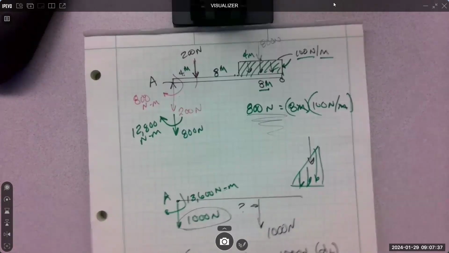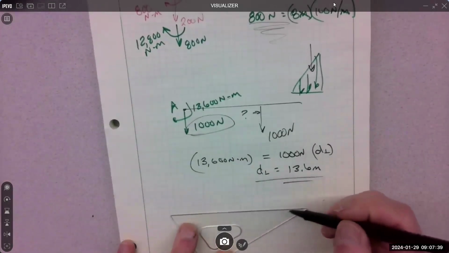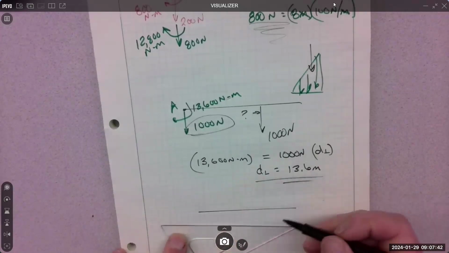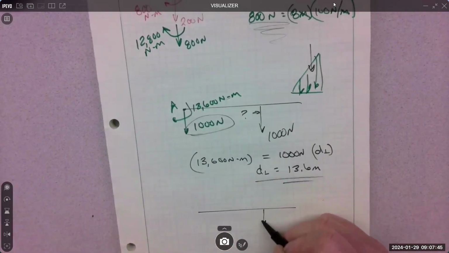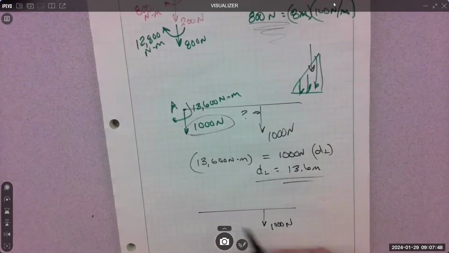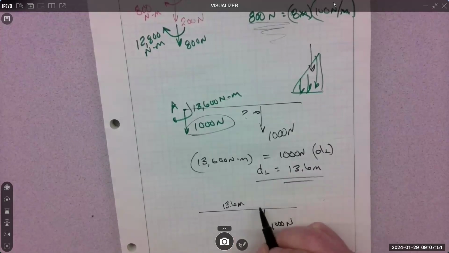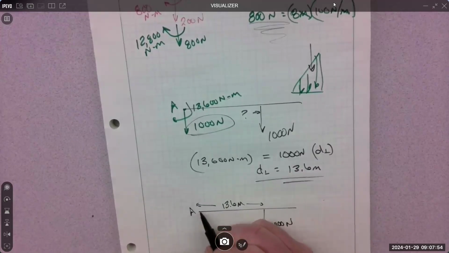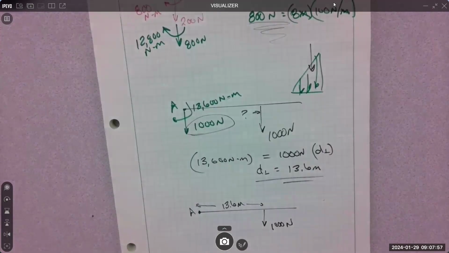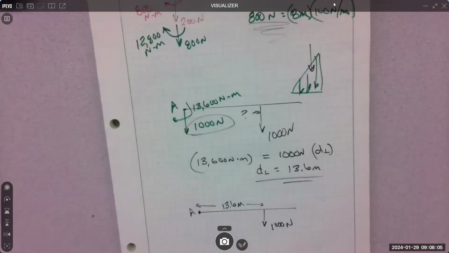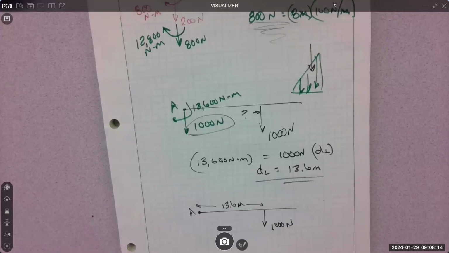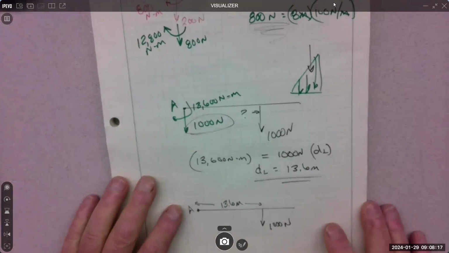So then the solution's gonna look something like, you don't have to draw it out, but I tend to draw it out. 1,000 newtons, 13.6 meters from A. Non-concurrent, find the resultant. That's what this is.